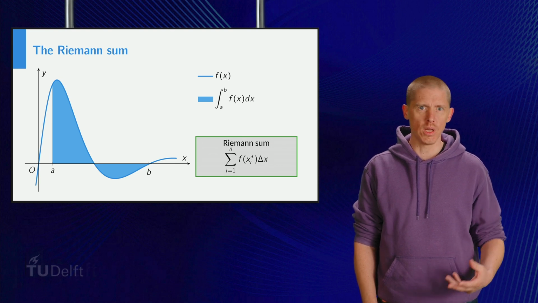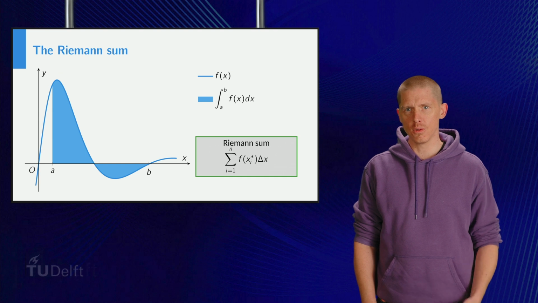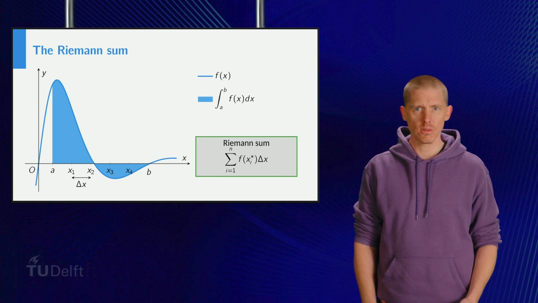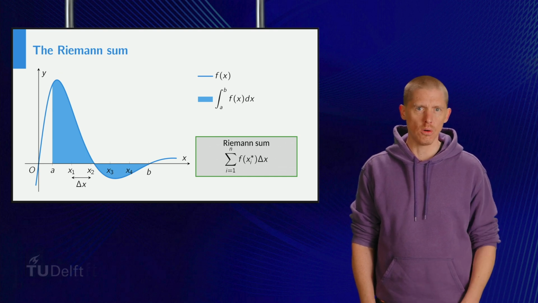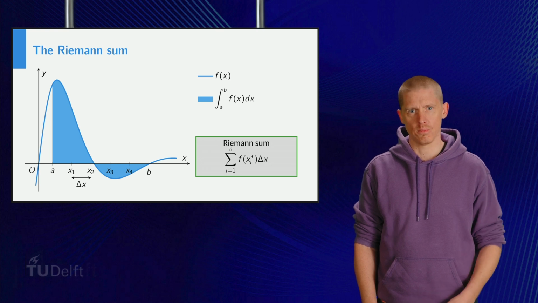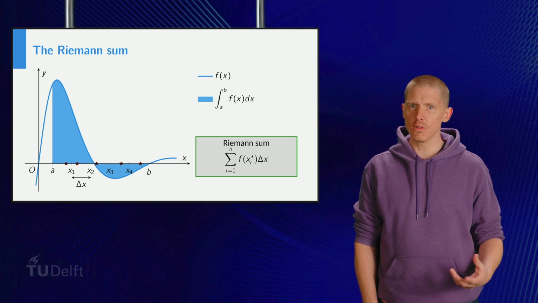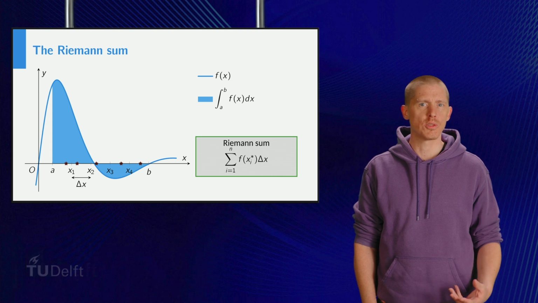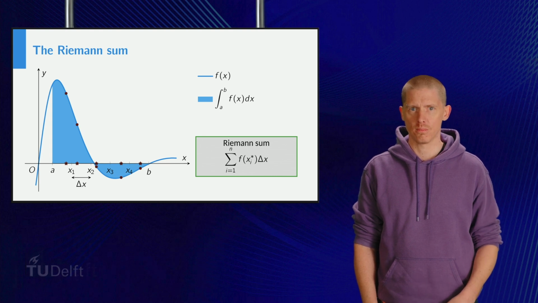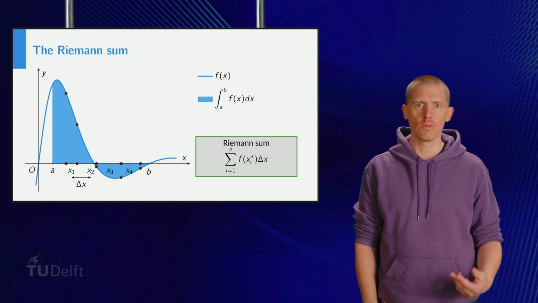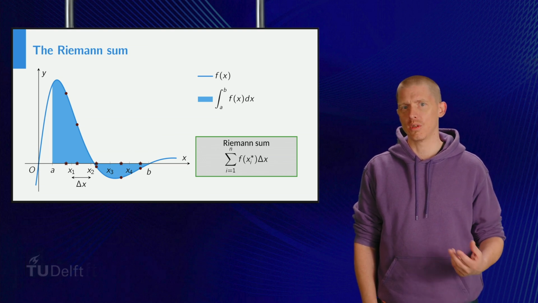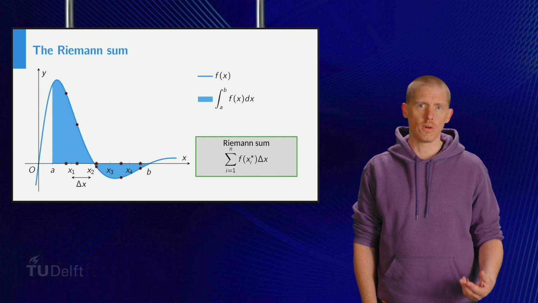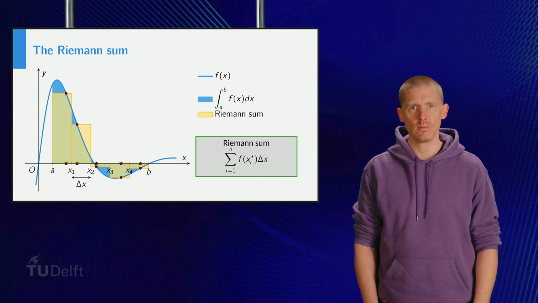We divide the interval a to b into 5 intervals of the same size delta x, and in each interval we select a random point. For each of these points we calculate the corresponding function value. Each product in the Riemann sum now resembles the area of the rectangle with width delta x and as height the function value for that interval.